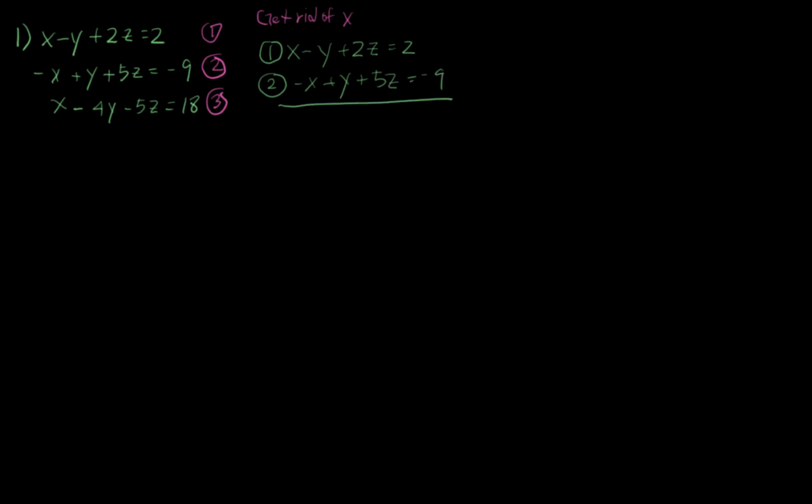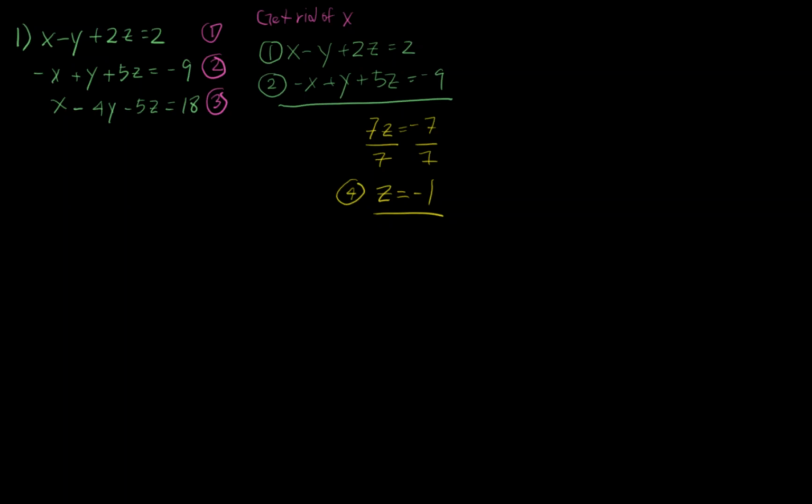When we combine the two, we get rid of our x like we planned, but we also get rid of our y's. We get 7z equals negative 7. Divide both sides by 7, so you get z equals negative 1. That's our first variable, and we can actually treat that like our fourth equation.